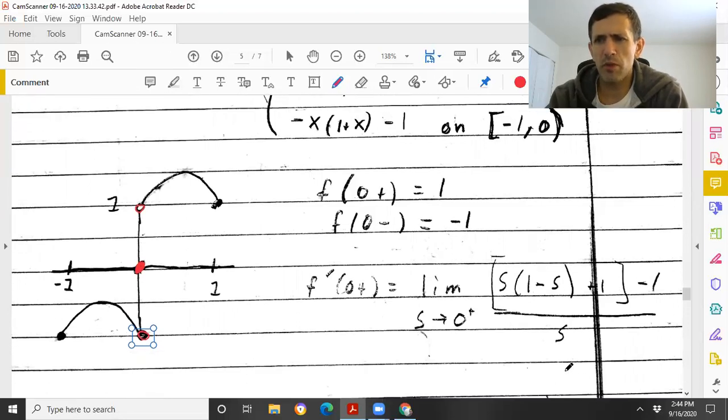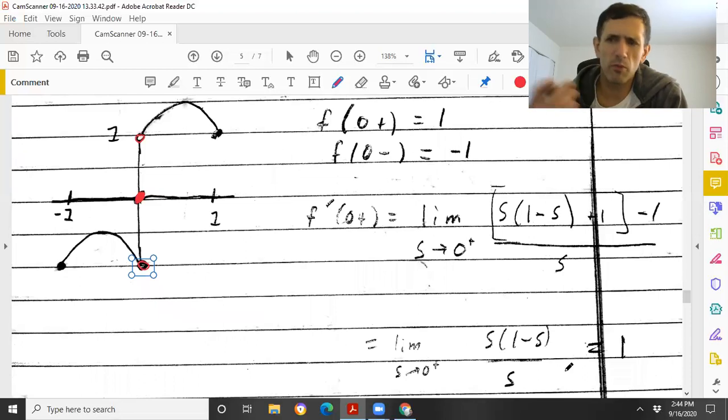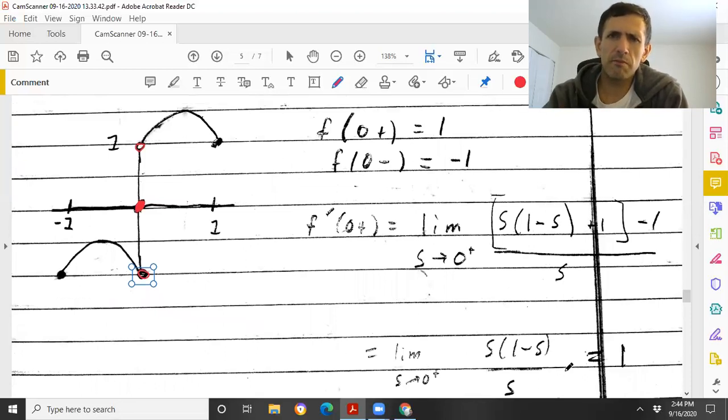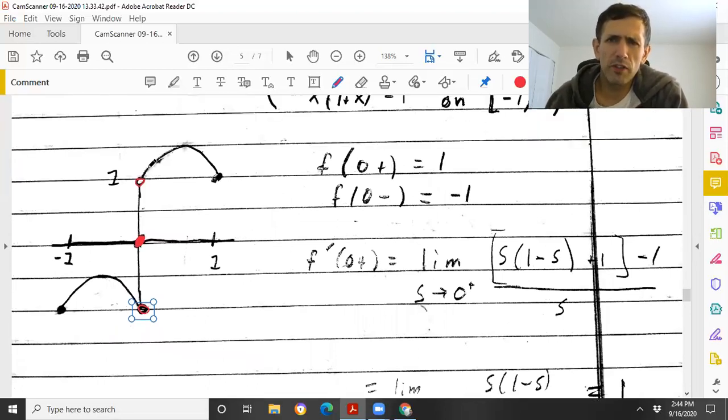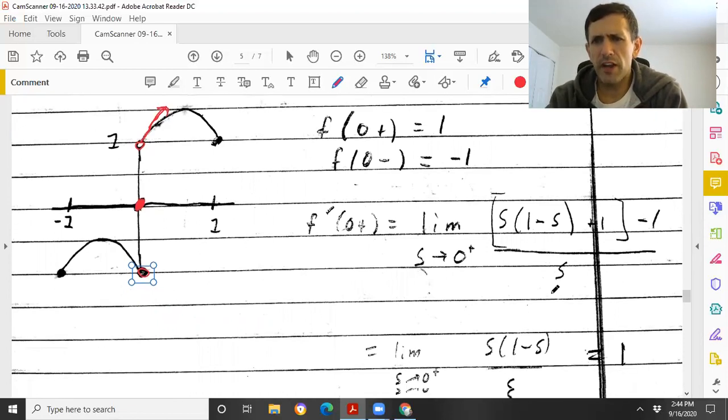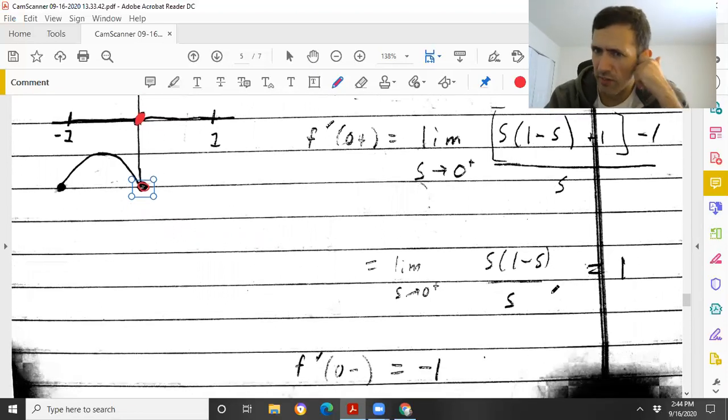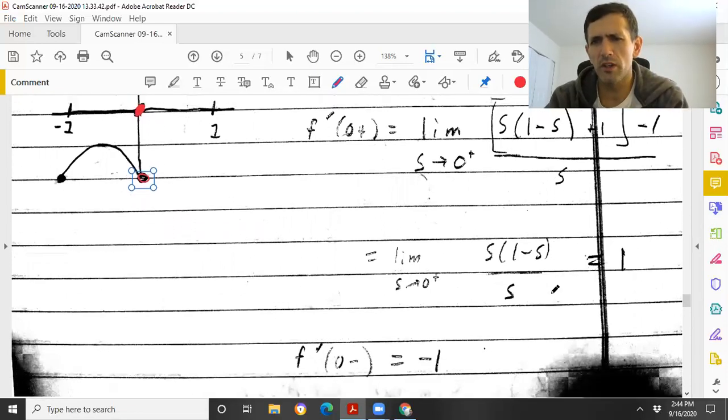Divide by s, it's 1 - s as s goes to 0 from the right, and that's 1. So kind of trivially, this is the right-hand tangent. It's difficult to draw straight lines with my digital pen and pad, but anyway. And the left-hand derivative, you can check very easily, is going to be -1.